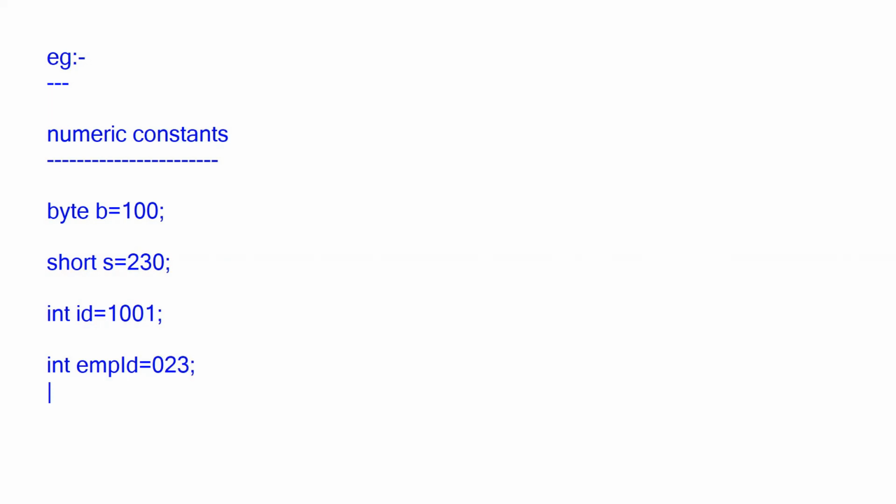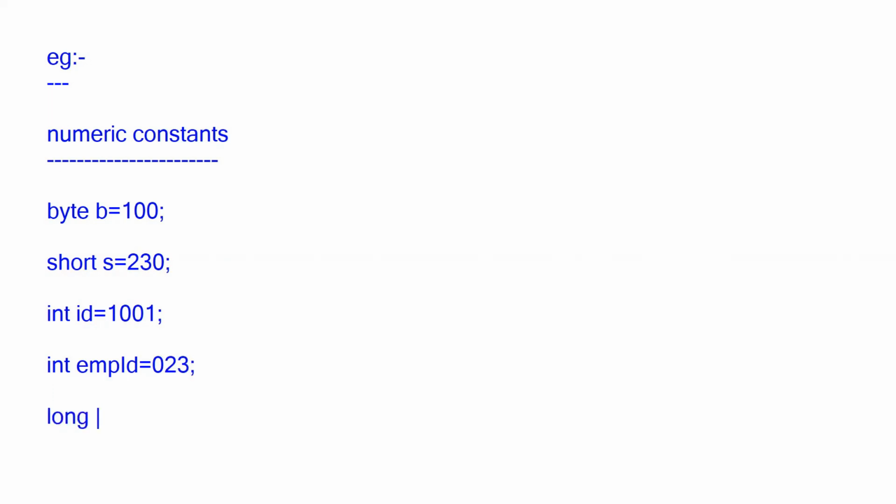For example, byte b equal to 100, short s equal to 230, int id equal to 1001. Okay. So these are the decimal numbers. Like int empId equal to, let us say, you can give like this 023. So this is the octal number.